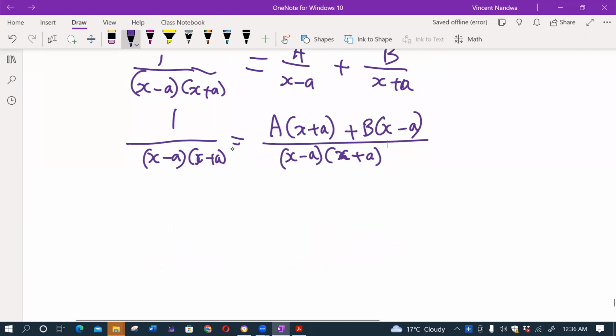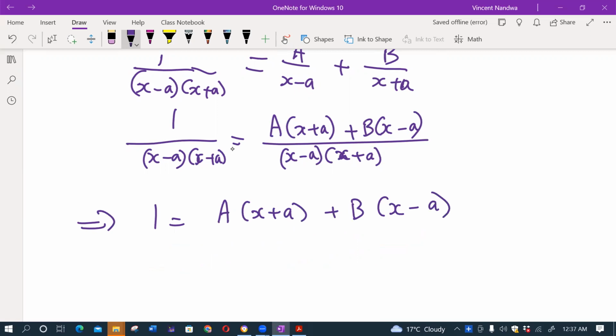So for the two sides to be the same, then 1 must be the same as A into (x plus a) plus B into (x minus a). So we let x be a to eliminate B. So we'll have 1 equals A into (a plus a) plus B into (a minus a).